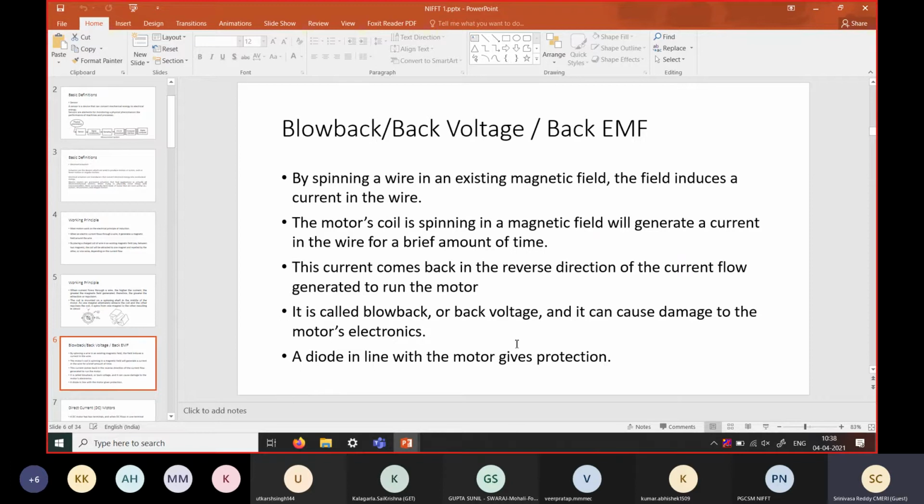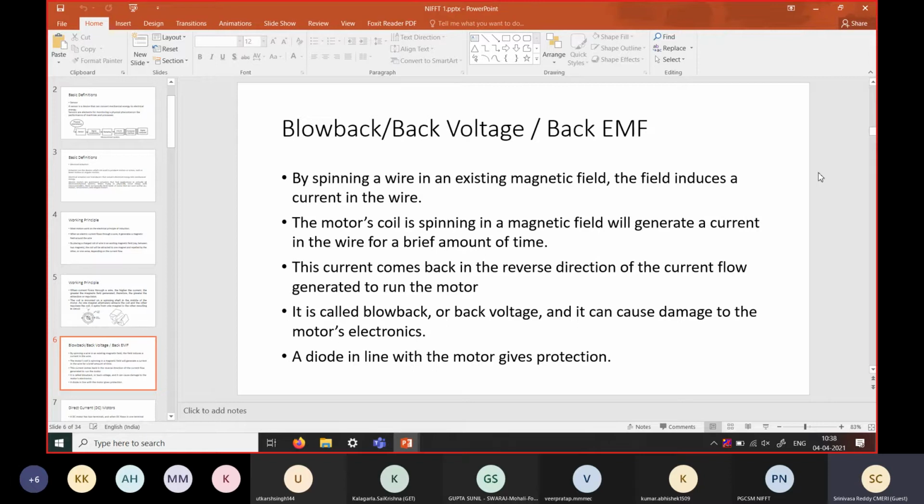In a generator it is just the opposite phenomenon, and construction-wise they are very similar. So in the motor itself, when we rotate the armature without supplying electricity to it, due to the existing magnetic field of the stator it will induce a current in the wire.